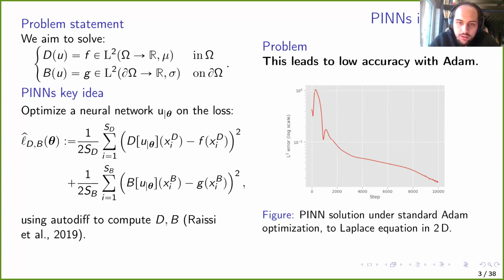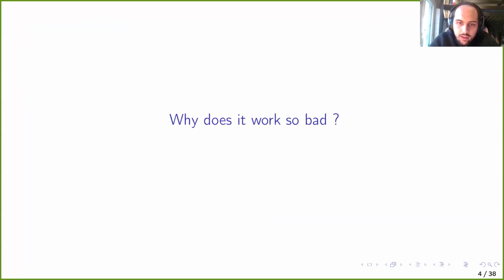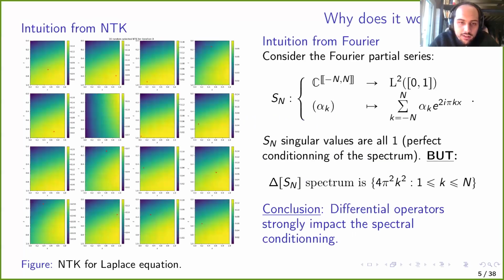So to understand this, we will illustrate it with two ideas. First, the intuition from NTK. We will see it in more detail later, but the idea is that the NTK dictates what is the impact of changing the value at the red dot here on the other points of the domain.